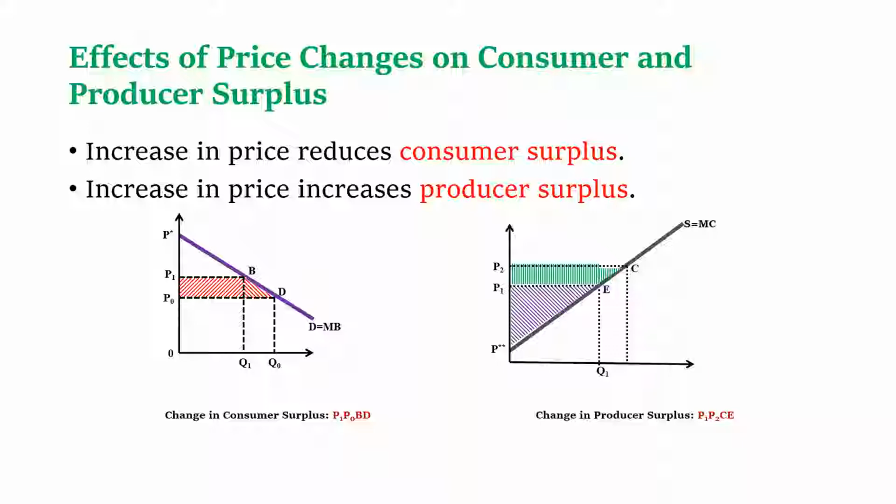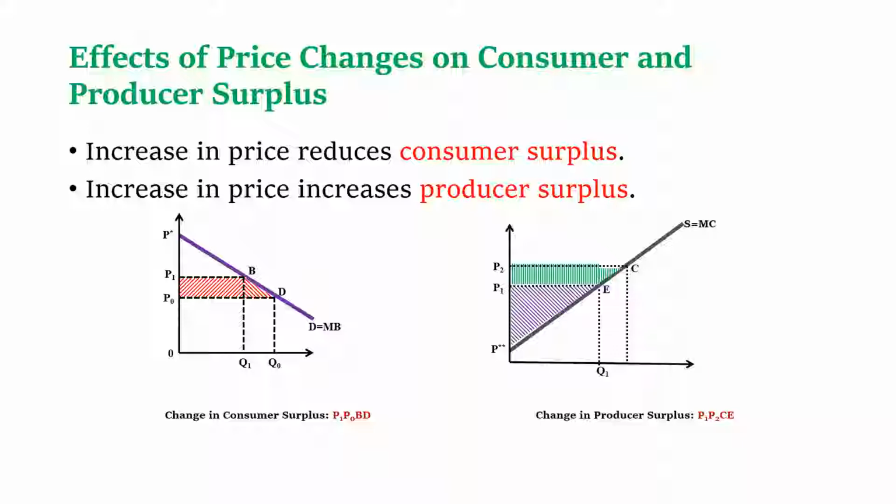So in that regard, the quantity that the consumer is going to buy is Q0 if the price is P0. It's willing to pay P star, but the market price is P0, and so it is going to buy Q0 amount.